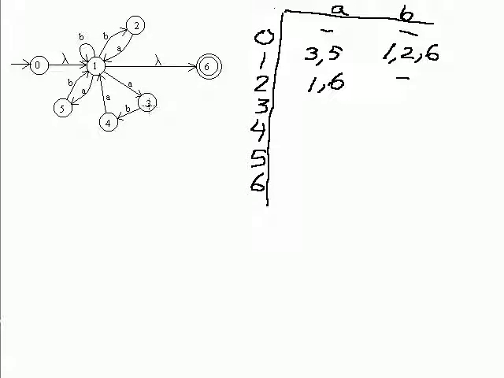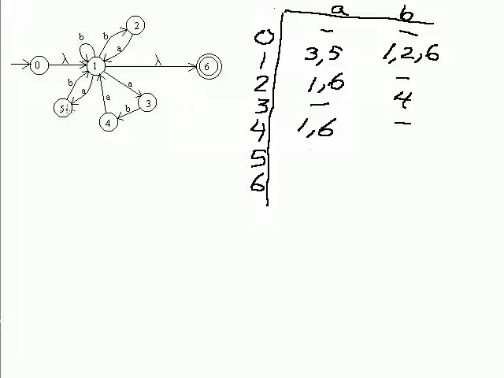On the letter A, nowhere. On the letter B, you go to 4, and there are no lambdas out of 4, so that's all you get, just 4. State 4 on A, you go to 1, and there are lambdas available, so you pick up 6. 1 and 6. 4 on B, nowhere.